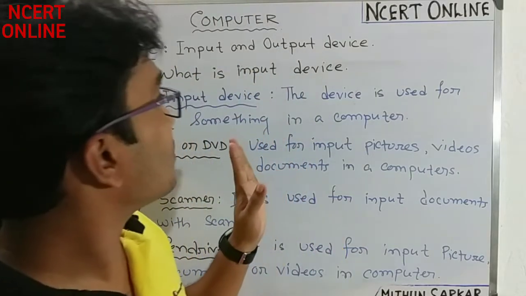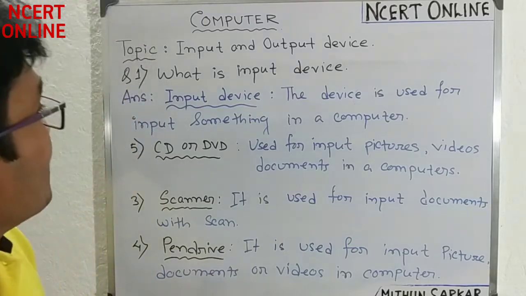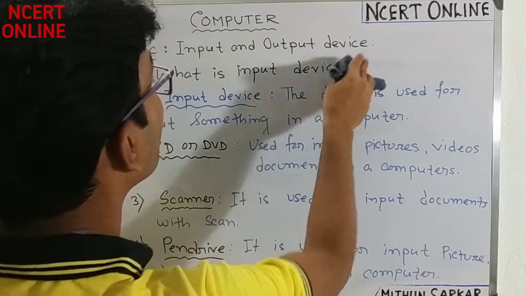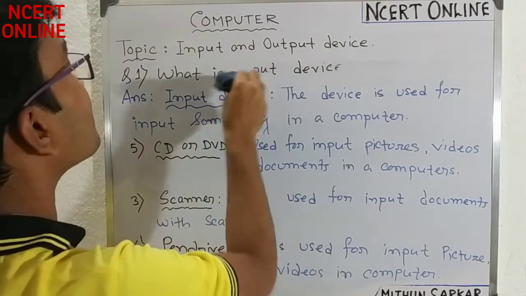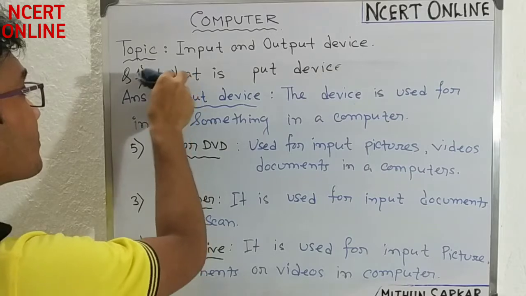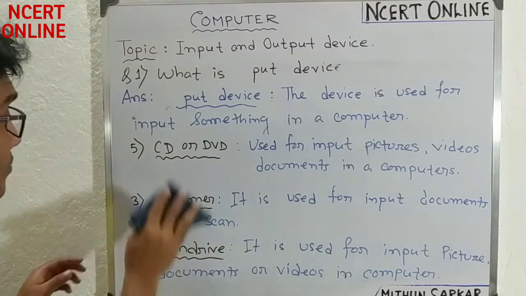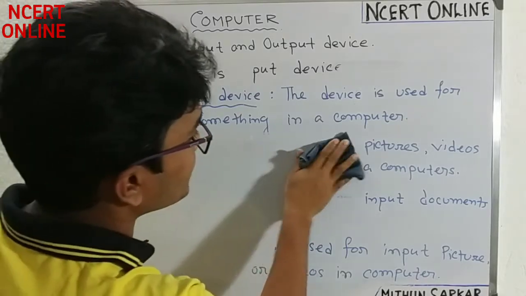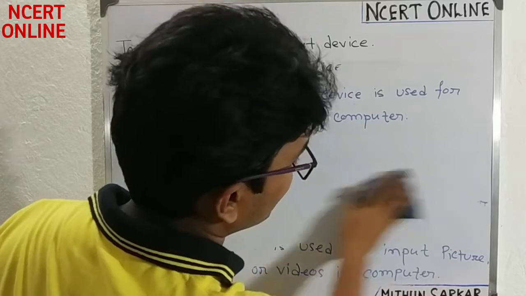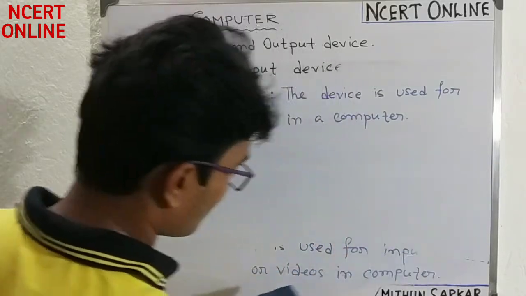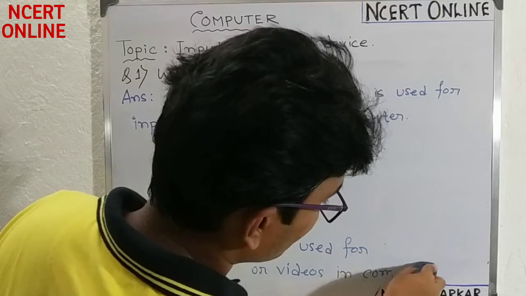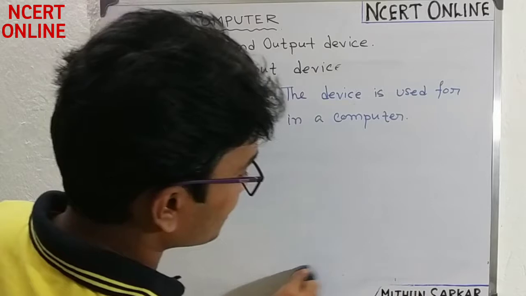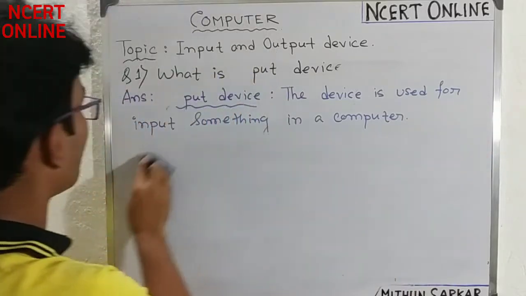I hope you noted down all of this. If you can't note down with me, no problem. You watch this video again and again, and then you note down. When you note down, I request you students, please read it properly and remember also. These types of questions always come in our exam in the computer part.